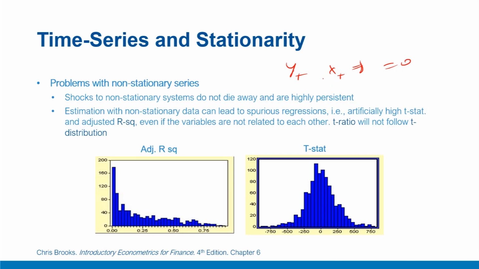However, when you run the regression of these two, even though they are random, if they are non-stationary and you sample certain time periods for this process, let's say t1 to tn or tn plus 1 to tm, across different samples you plot the t statistic or adjusted R square stats, which is a measure of the statistical strength of this relationship. You'll find a rather high value of adjusted R square. Ideally, it should have been very small, maybe even 0.